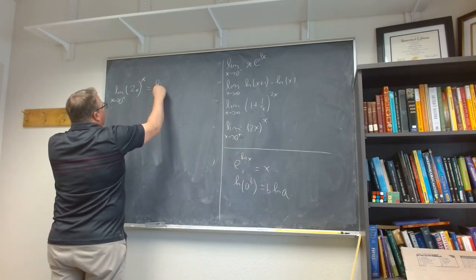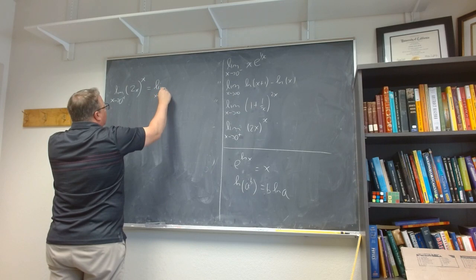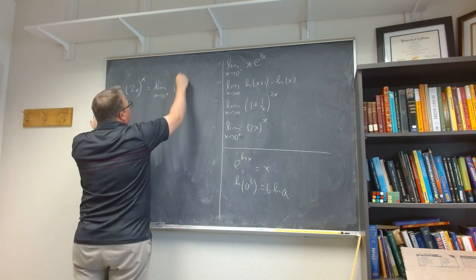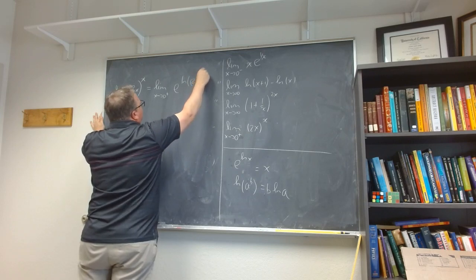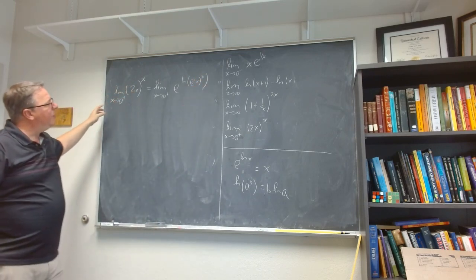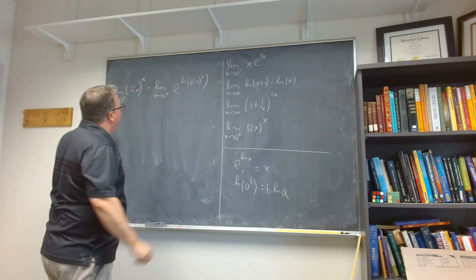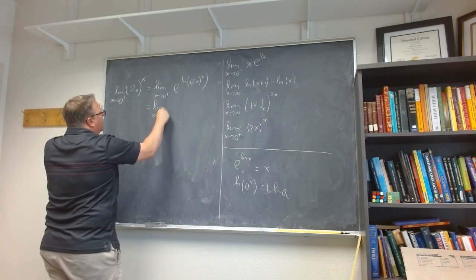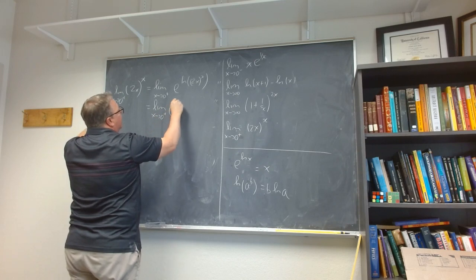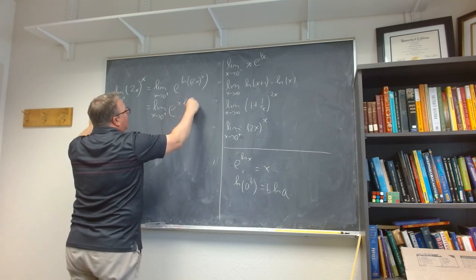So this will be the limit as x goes to 0 plus of e to the natural log of 2x to the x. And once again, x can come out in front. This becomes the limit as x goes to 0 plus of e to the x times the natural log of 2x.